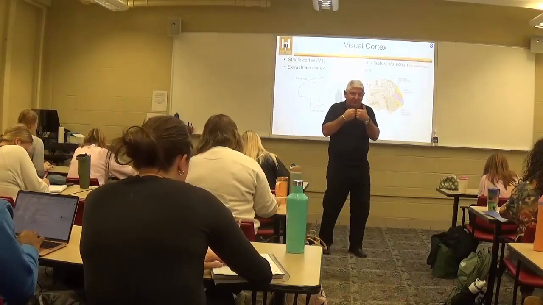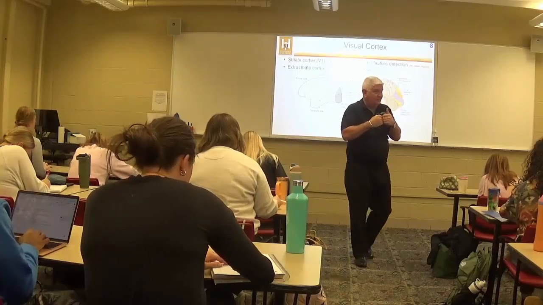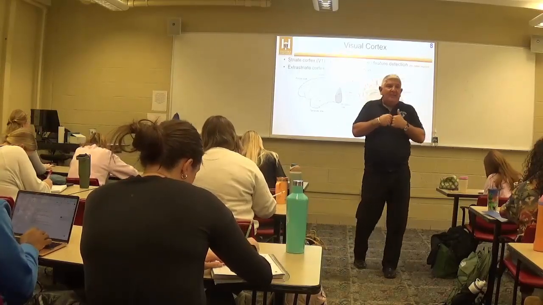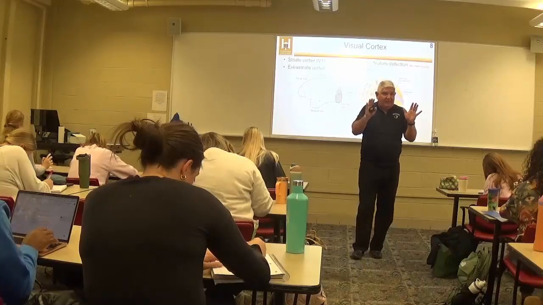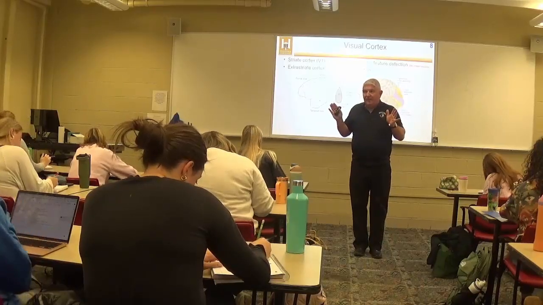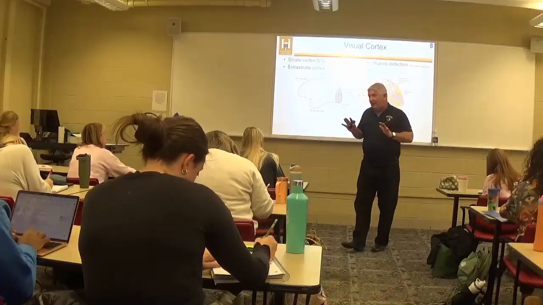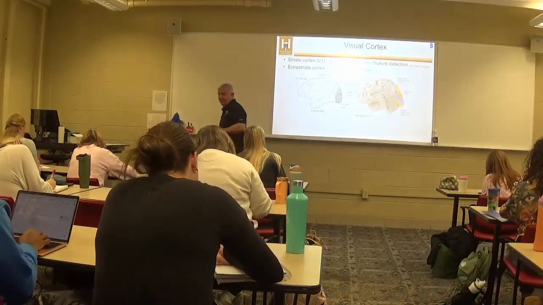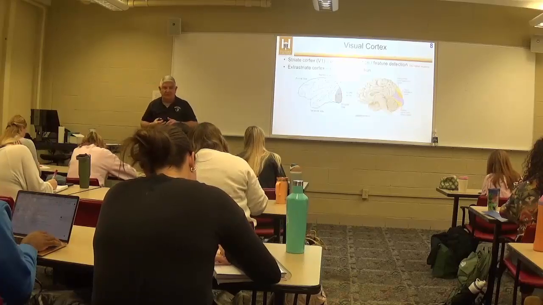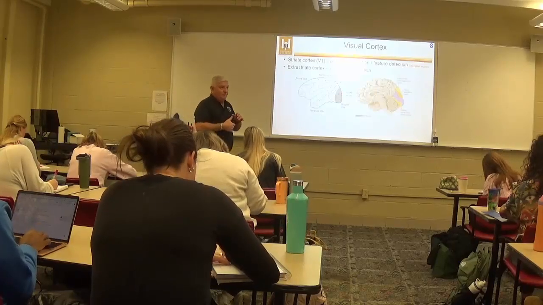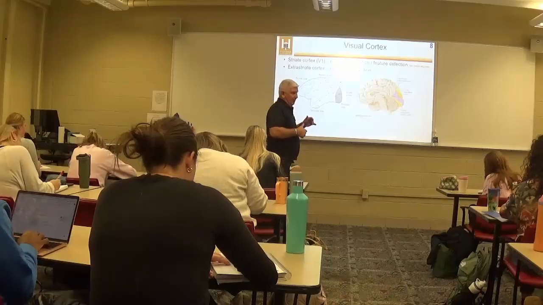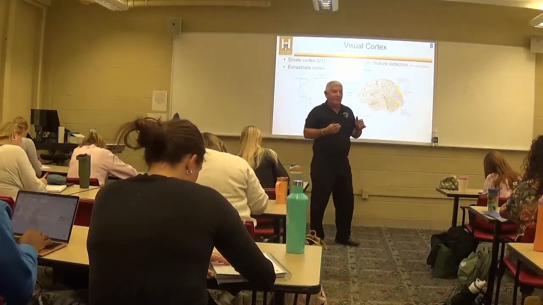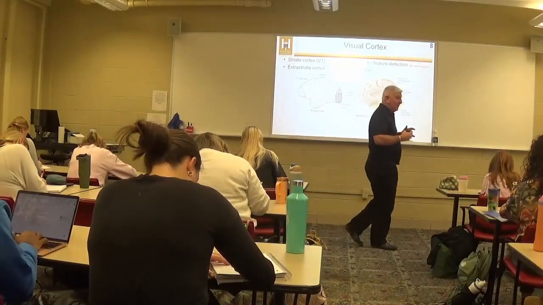That's where those two signals are meeting up. So we call it striated cortex. After that, that signal is combined, and so you lose that stripe, and so we call everything else extrastriate cortex, which is your V2, V3, V4, V5, a bunch of parts of the temporal lobe, a bunch of parts of the parietal lobe. Visual processing is extremely complex.